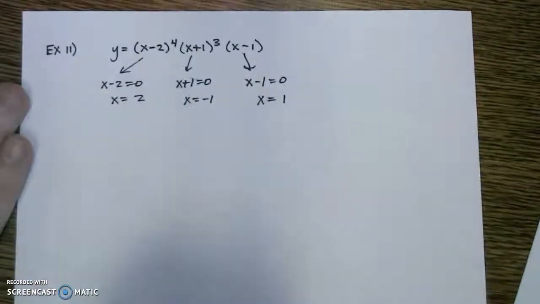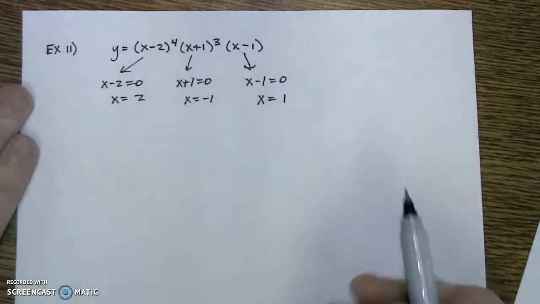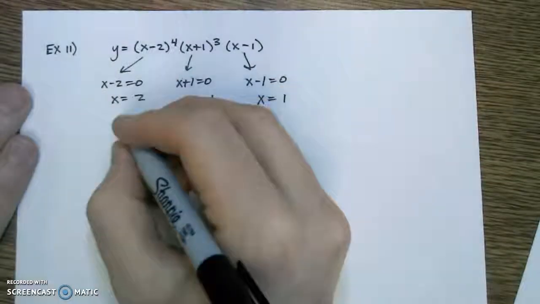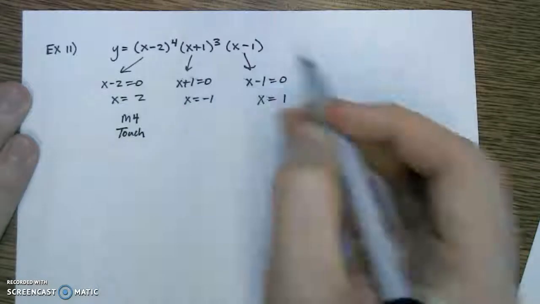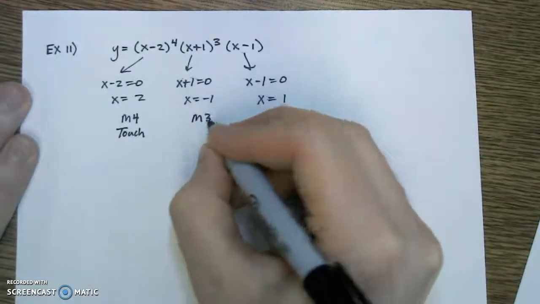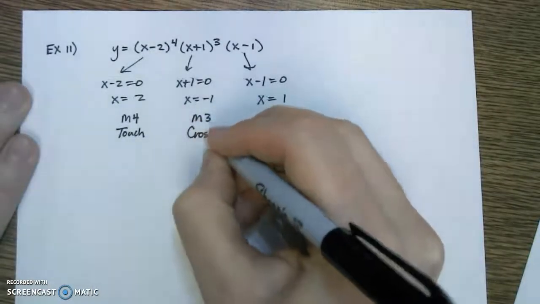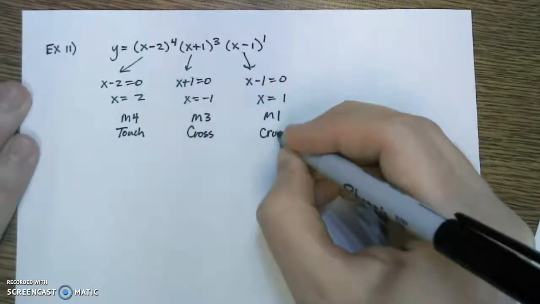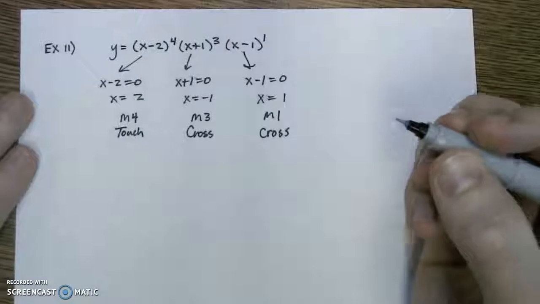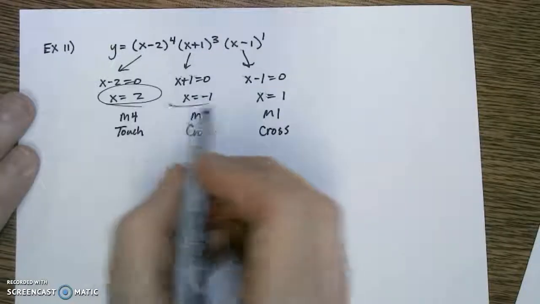Now, this doesn't say 2, but in pre-cal we also checked the multiplicity. So this has a multiplicity of 4, so it's going to touch the x-axis. This has a multiplicity of 3, so it's going to cross the x-axis. This has a multiplicity of 1, so it's going to cross the x-axis. So these are our x-intercepts that they asked for.